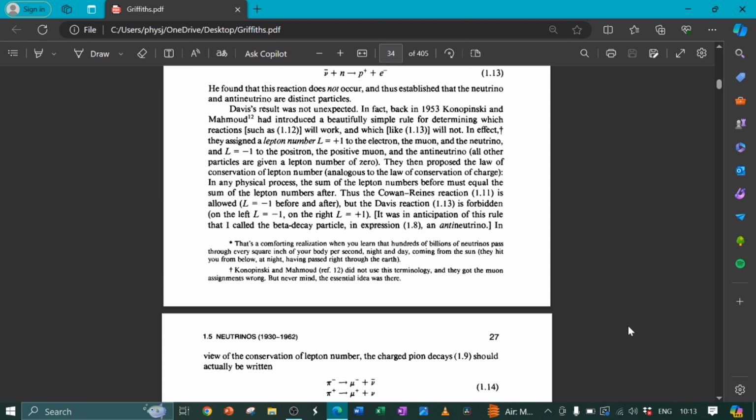They assigned a lepton number L equal plus 1 to the electron, the muon and the neutrino, and L equal minus 1 to the positron, the positive muon and the antineutrino. All other particles are given a lepton number of 0.